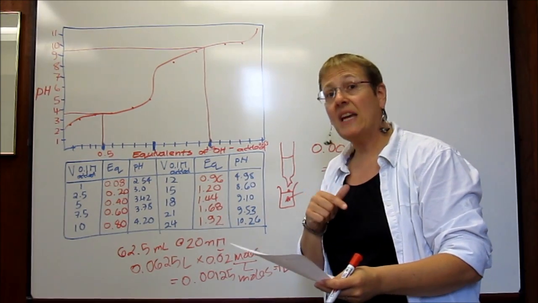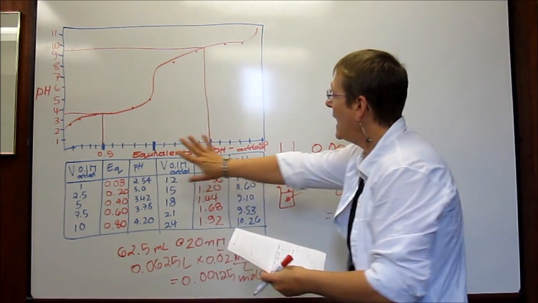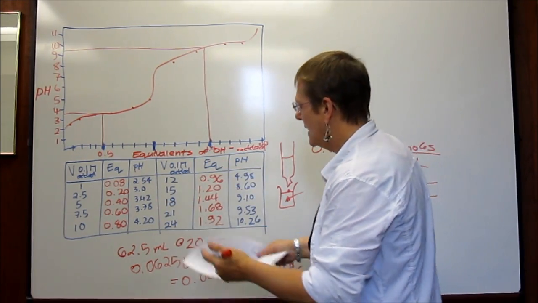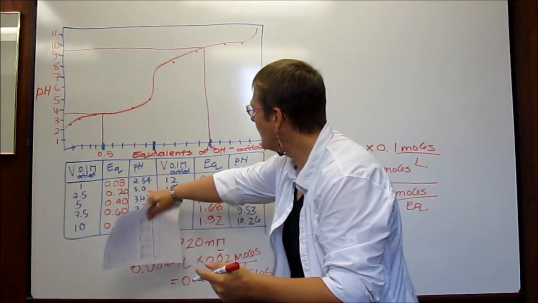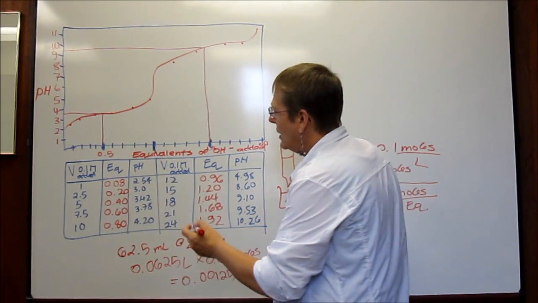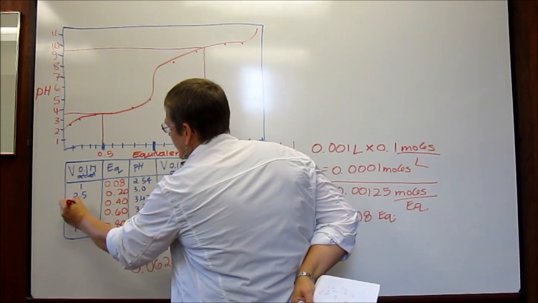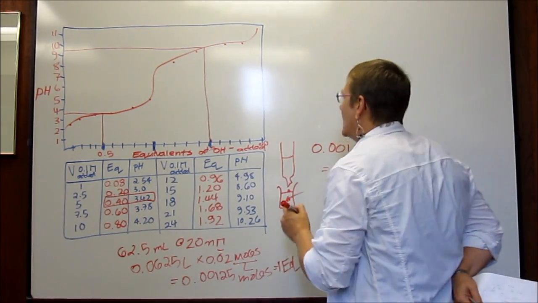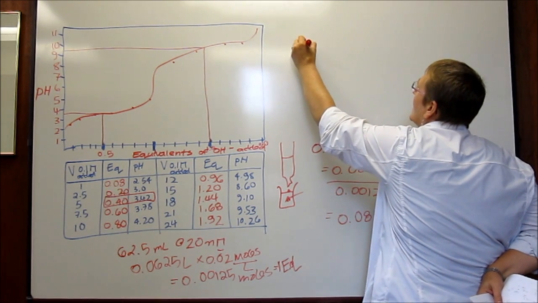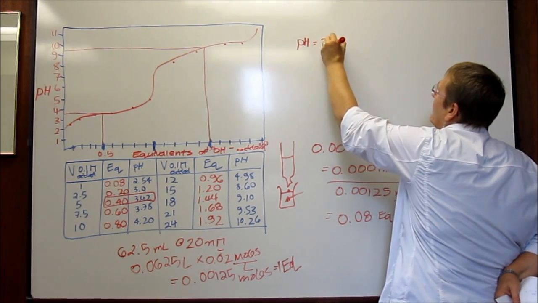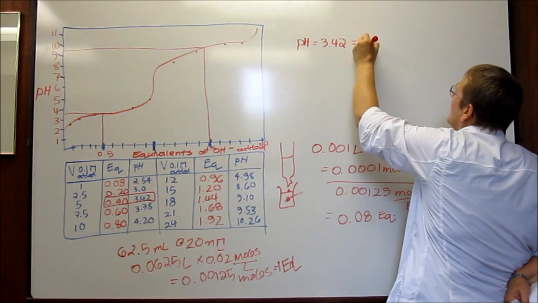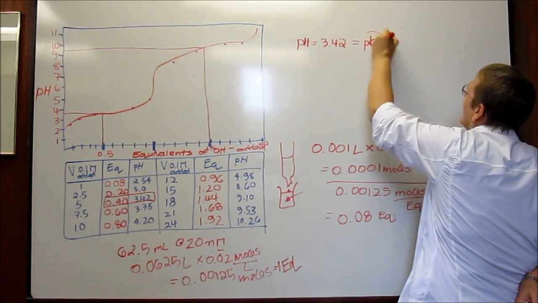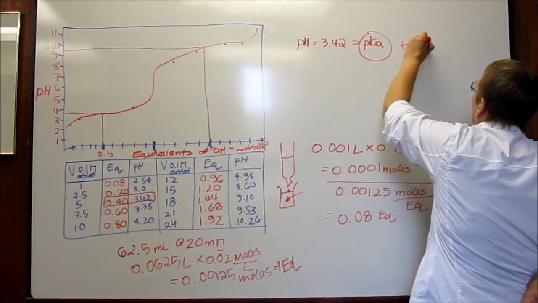You can then check your answer, though, by picking any one of these data points. Let's, for instance, I think I picked this one. And I said, okay, well, let's look at this information right here. I said, all right, my pH is equal to 3.42, which is equal to the pKa that I'm looking for, that's my unknown, plus the log of.